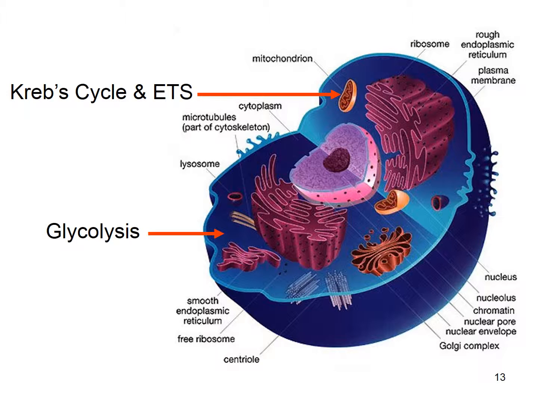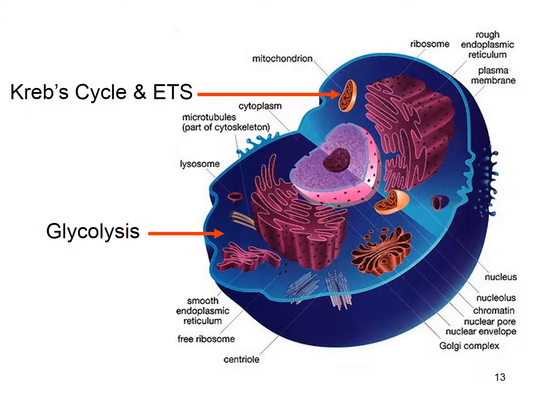Okay, here we see a drawing of a typical cell, and this is going to illustrate where these processes of respiration take place. Near the middle, it shows that glycolysis is taking place inside of the cell in the cytoplasm.